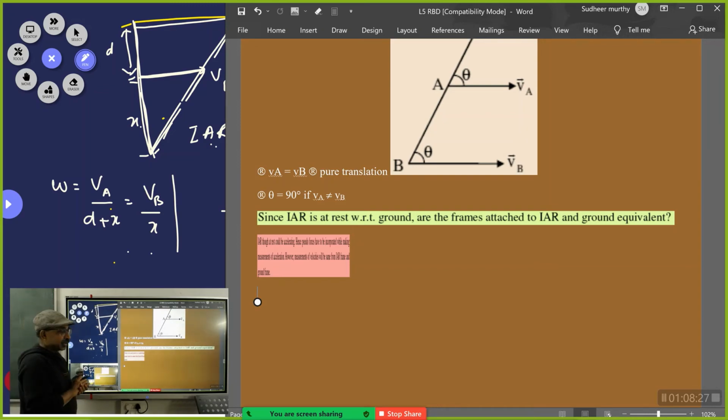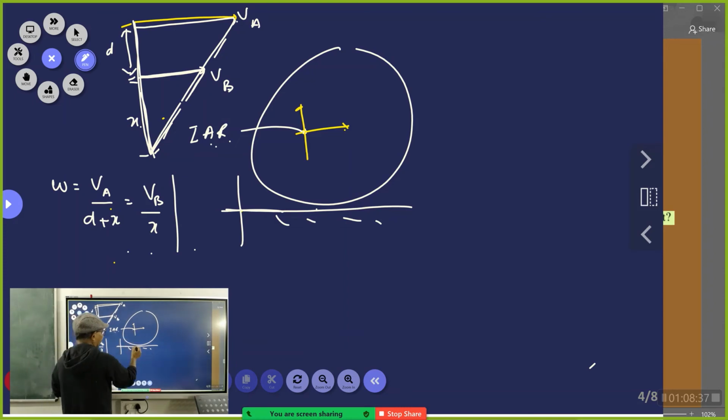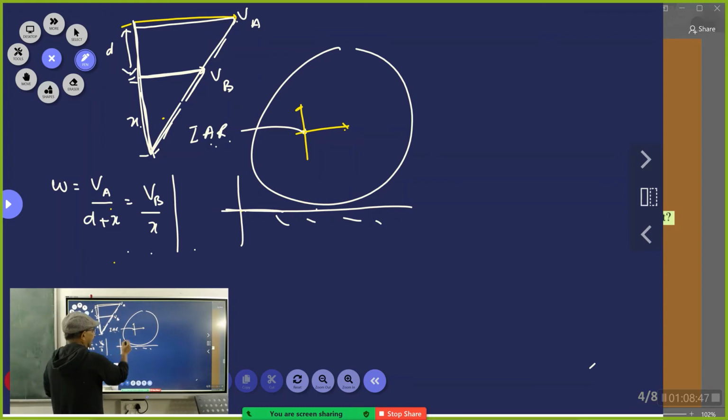Wait a minute, don't conclude like that. There is a very interesting question here. I am attaching one frame here and another frame here. Now are these two frames equivalent? Equivalent means, if this is at rest, this should also be at rest.